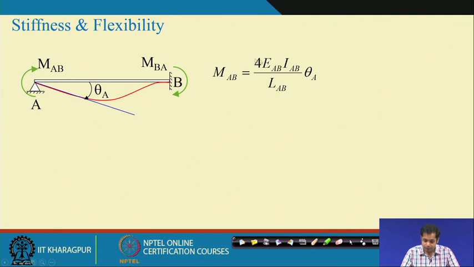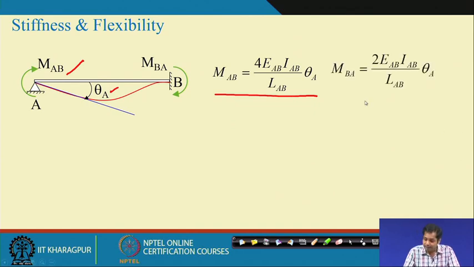The solution is something like this: the relation between this force MAB and theta A is this, where E is the Young's modulus of AB, I is the second moment of area of the cross section of the beam AB, and LAB is the length of the beam AB. And similarly, we have moment MBA equal to this. That is how MBA is related to theta A.